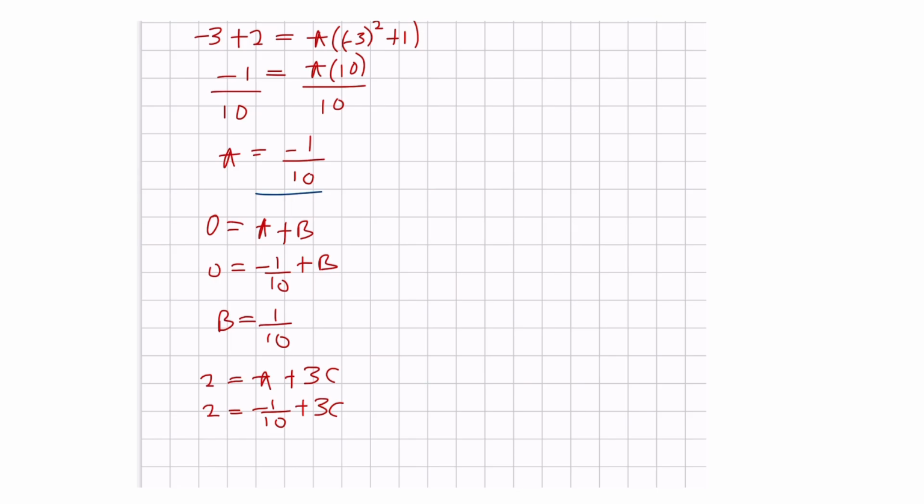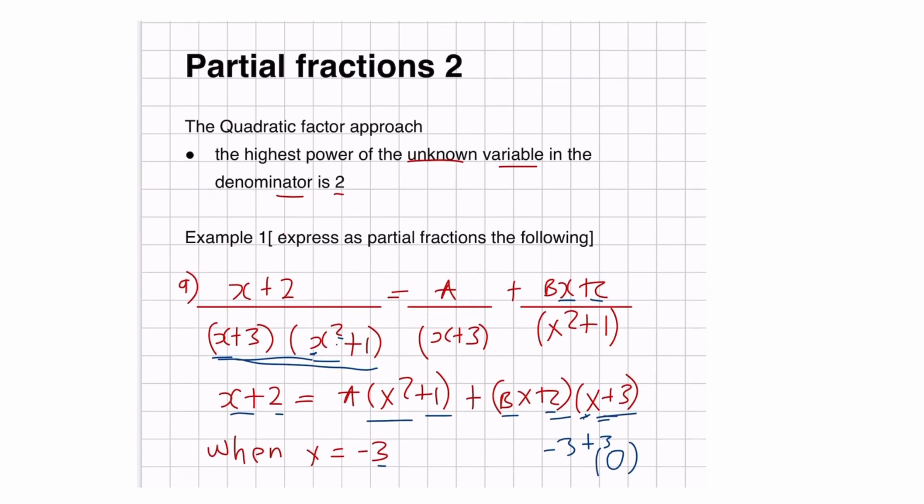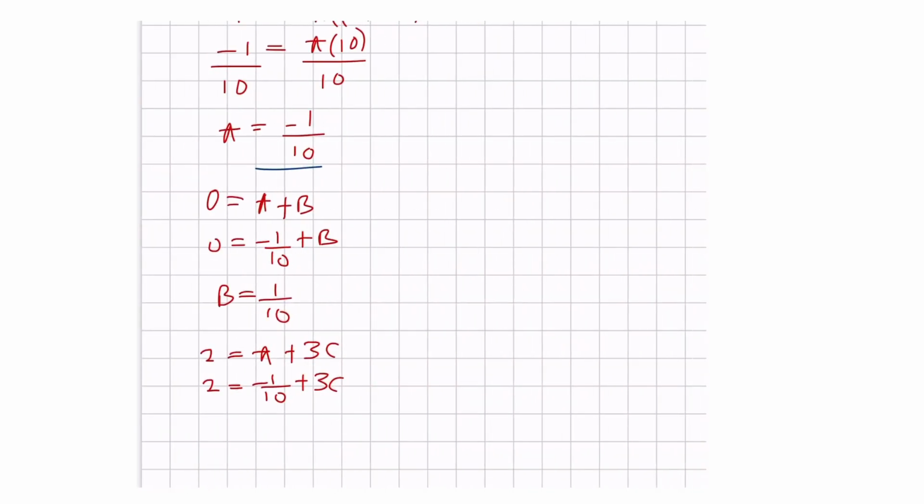So remember that initially on the previous page, we had x plus 2, which is here. We had x plus 2 equal to a bracket x squared plus 1, bx plus c, x plus 3, right? So if we expand this whole problem that we have here, we will end up with an expression that looks like this.